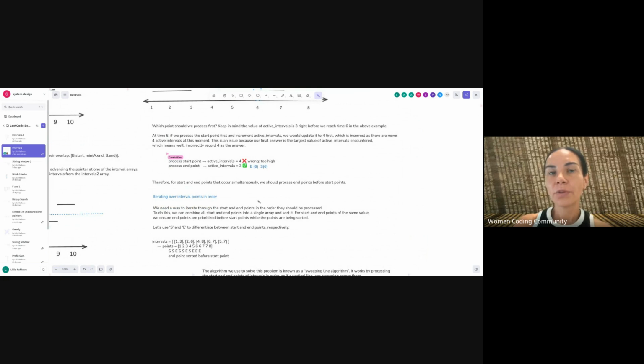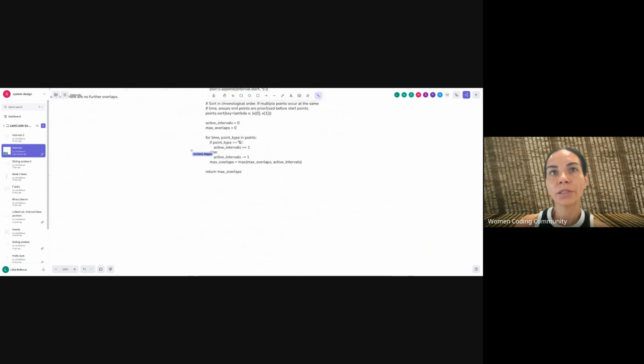Otherwise, if we put the 6 as our starting point first, then at this time our active intervals will be equal to 4, which means we will update our answer to 4.